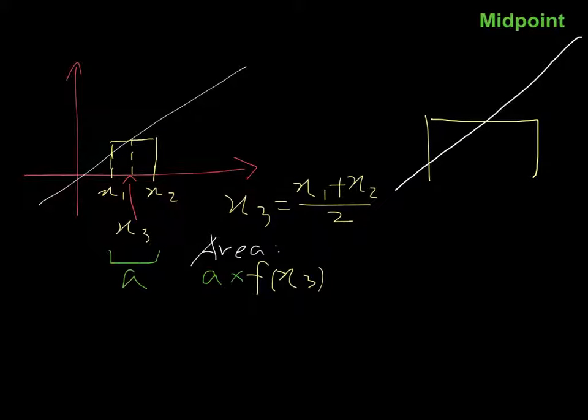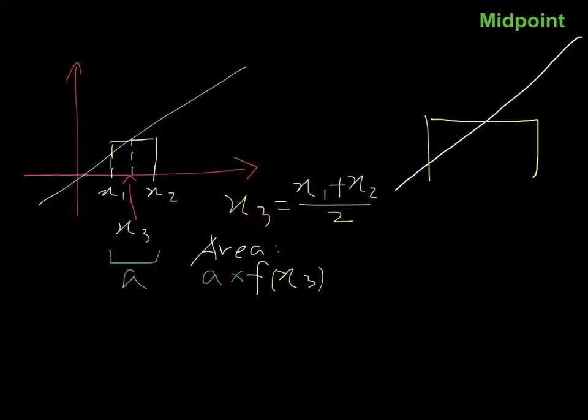The reason why the midpoint Riemann sum is very precise is that if you take a very close look at the graph, if you zoom into the top of the rectangle, you will find out that at a very close look, which means that the rectangle will also have a very small width, but not infinitely small, the function will actually behave linearly.